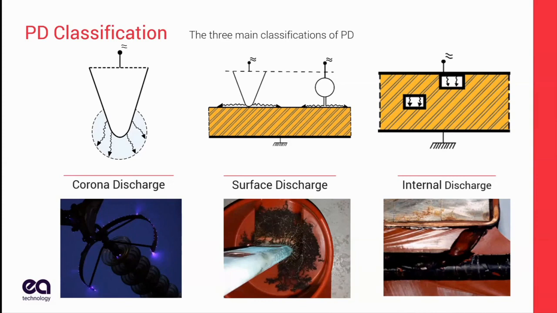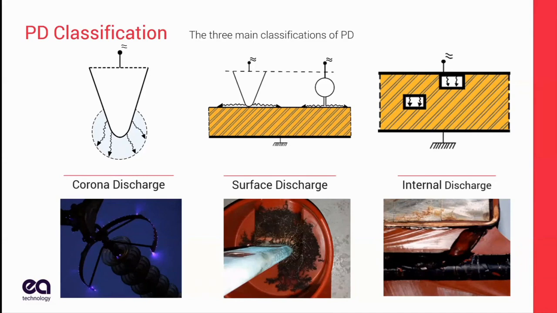If you had a sharp point or a bolt sticking out or some sort of narrow geometry feature that's going to cause a concentration of field, the air molecules right around that point are not going to be able to withstand the voltage field. So what happens is they discharge. The air molecules become ionized. They break down into their component parts, oxygen and nitrogen mainly, and you can see the streamers at night. You can see them with an ultraviolet camera.